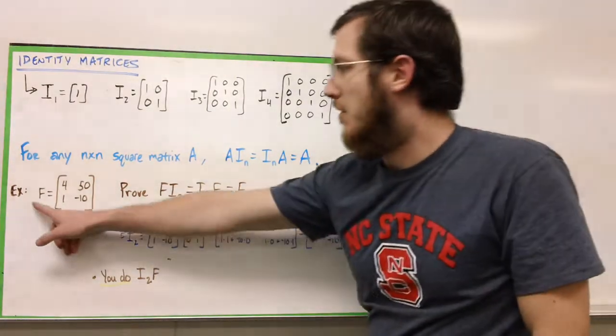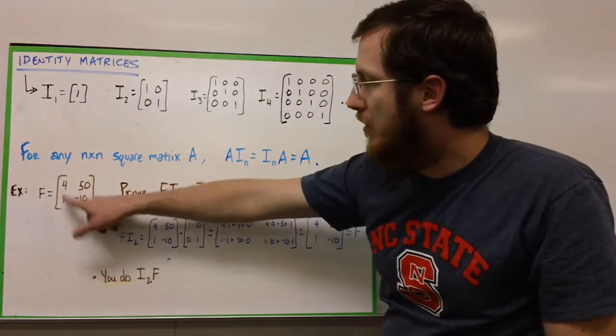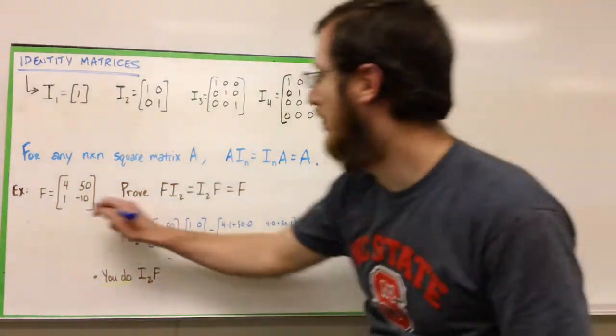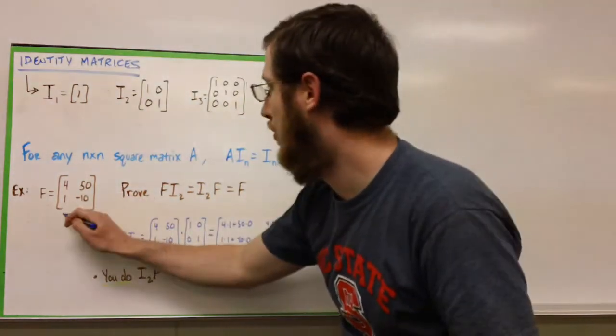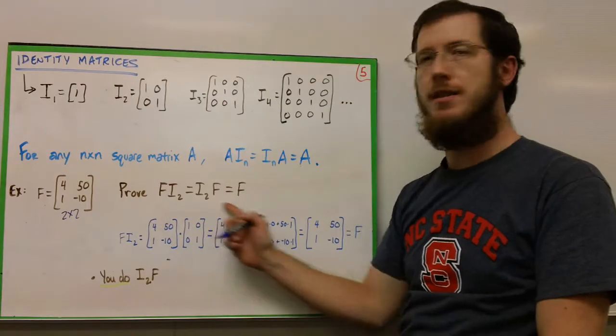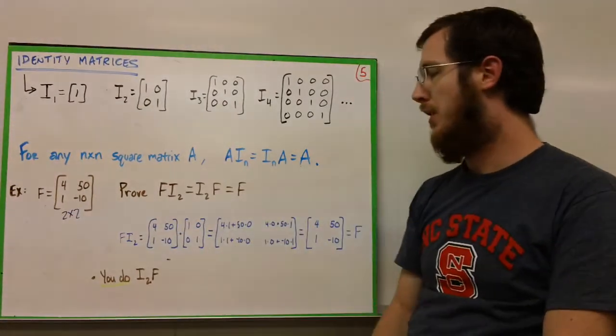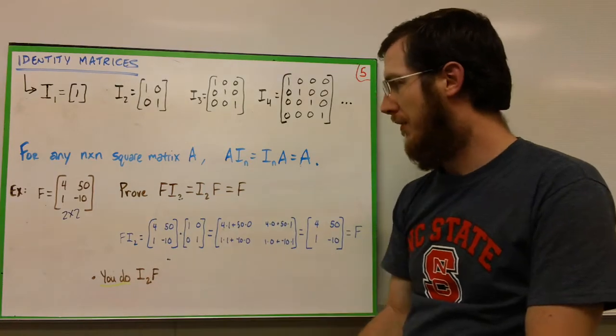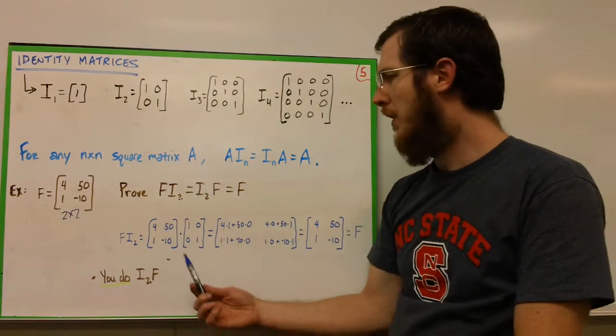All right, let's look at an example. Matrix F. We've got a 2 by 2 matrix. We want to prove that this is true with this matrix F here. So we're going to do F times I on our own, and you're going to try I times F and see what we get.